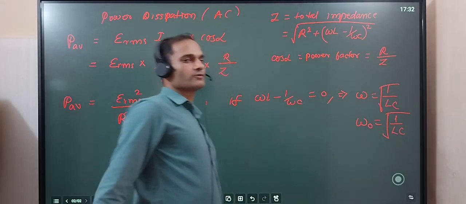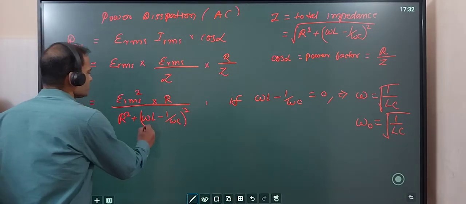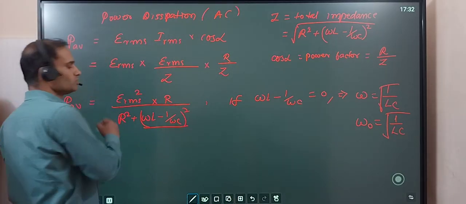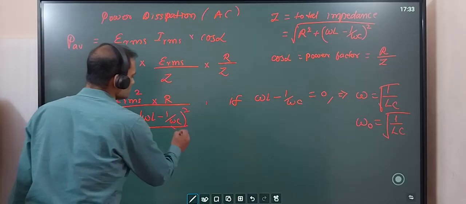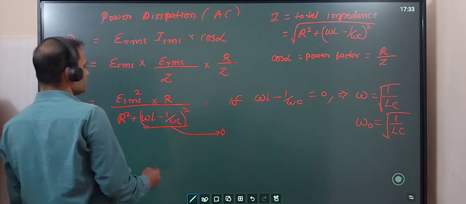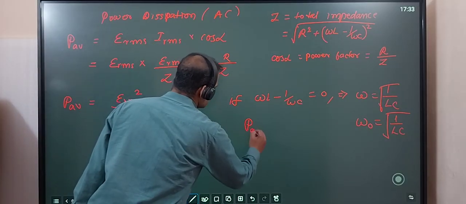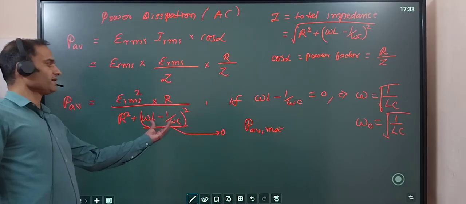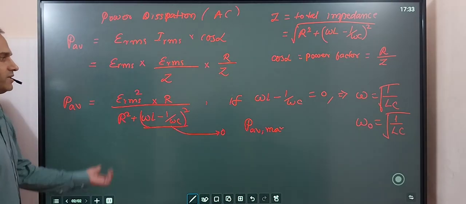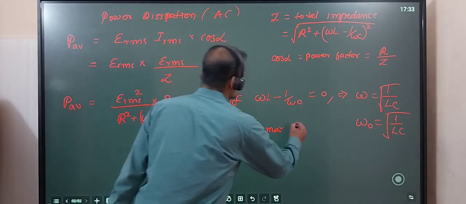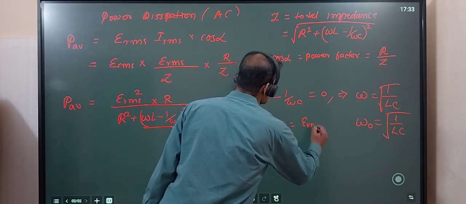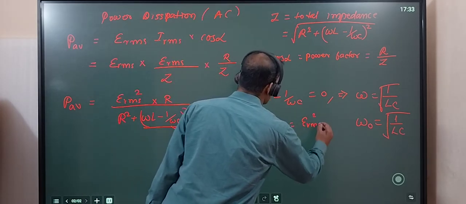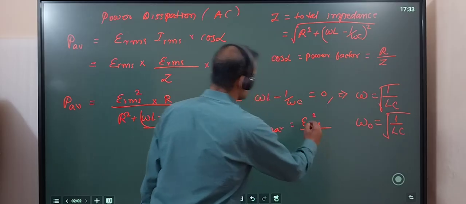At this angular frequency, this part will become 0, and P average will be maximum. If this part is 0, average power will be maximum, and that will be ERMS the whole square by R.